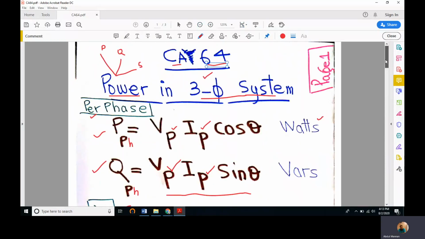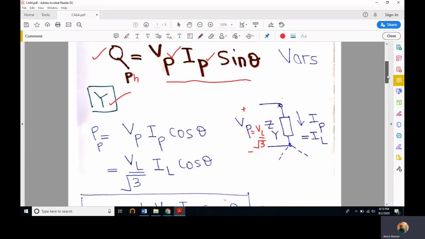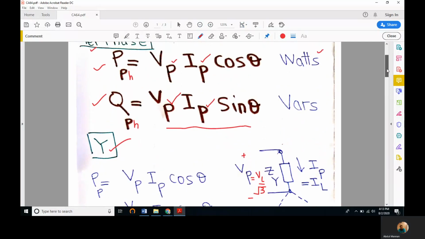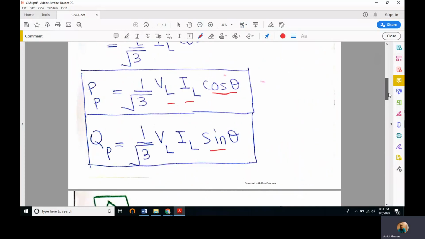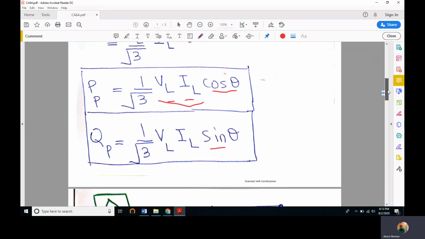So up till now we have written power in a single phase of a three-phase system in terms of the phase quantities Vp and Ip, and the line quantities VL and IL for a Y-connected system. Even for a delta-connected system, these two expressions remain the same.